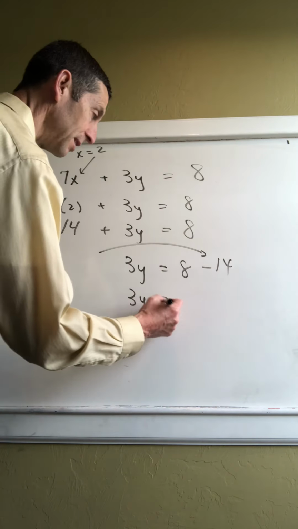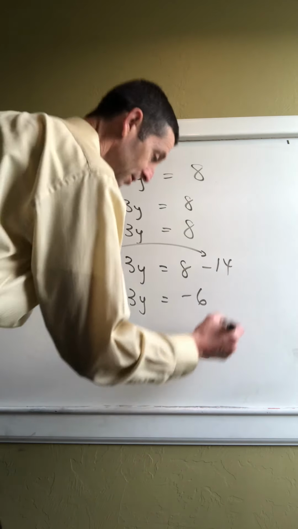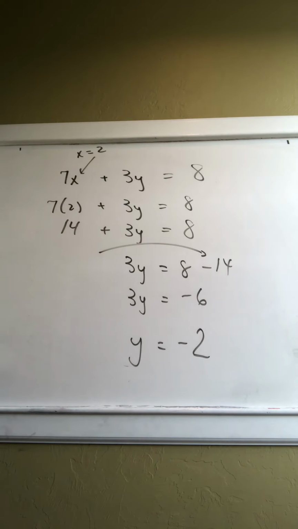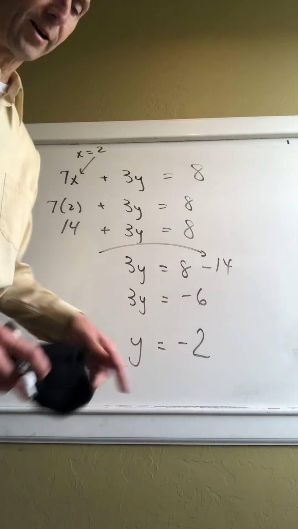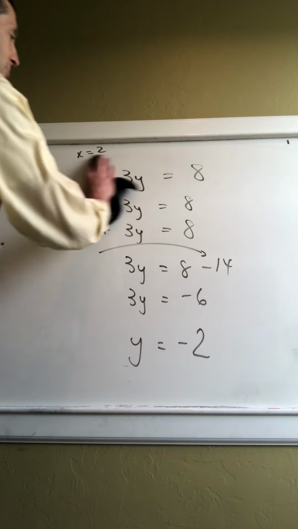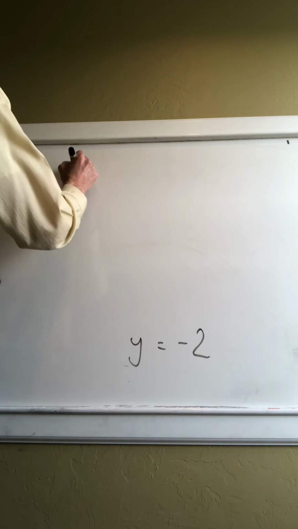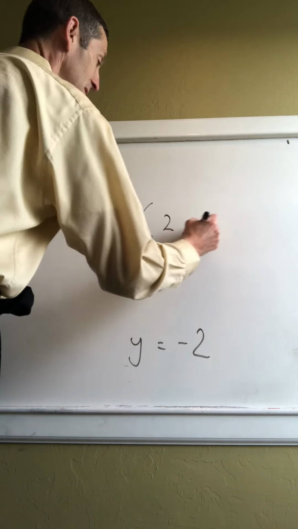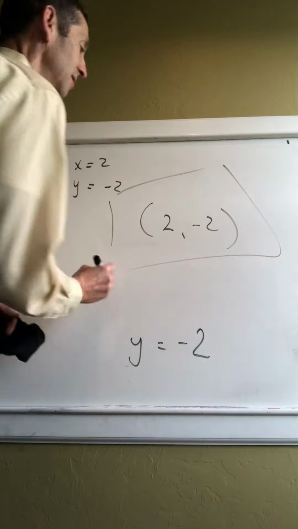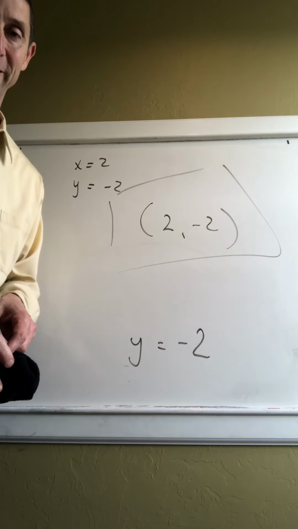So I've got 3y equals negative 6. Y is equal to negative 2. So you got your two answers. You had your answer for x. You've got your answer for y. Let's put it together as an ordered pair for our final answer. So x equals 2, y equals negative 2. And there's my final answer, ordered pair, solving by elimination.